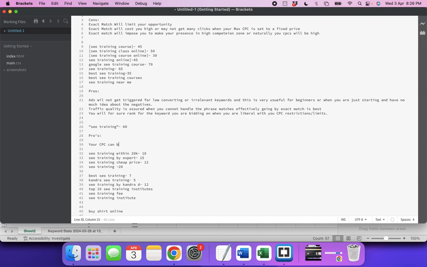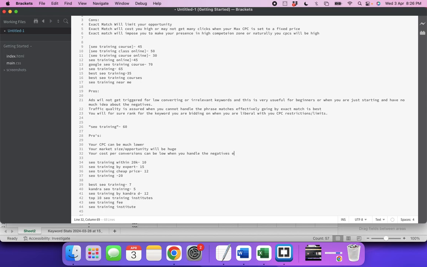Your CPCs can be much lower, your market size or opportunity will be huge, your cost per conversions can be low when you handle the negatives effectively.